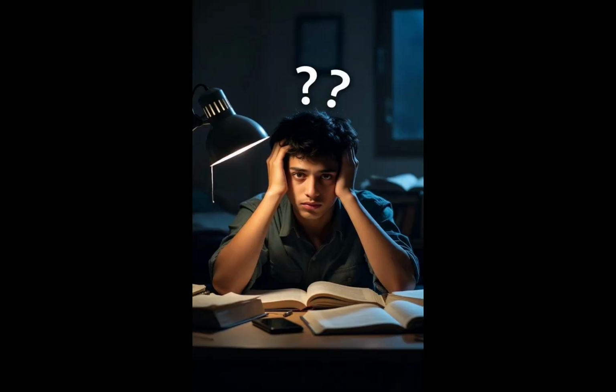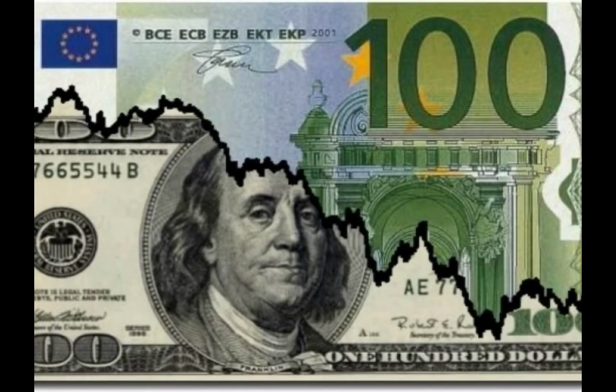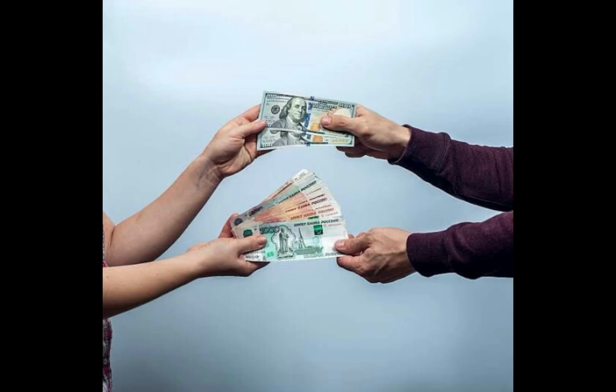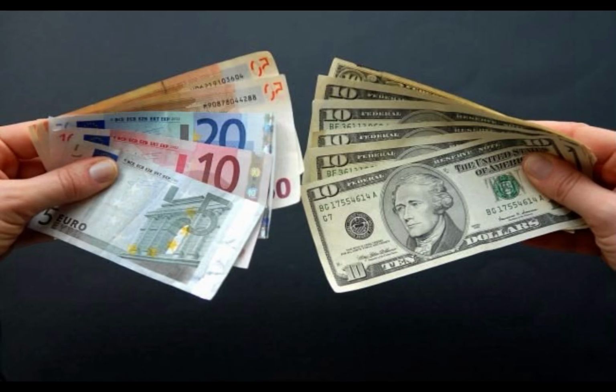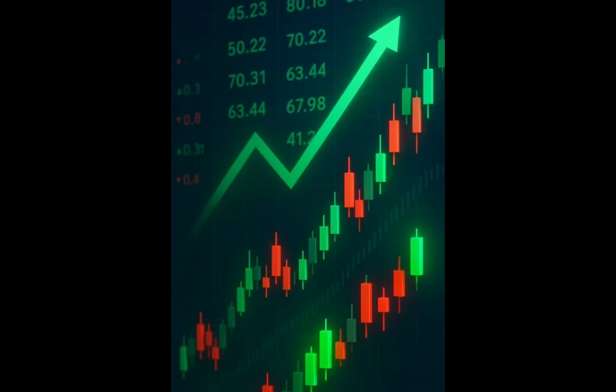Now let's make it practical. Imagine you open your trading platform and you see Euro/USD at 1.100, and what does that mean? It simply means 1 euro is worth $1.10. That's how the price is moving.